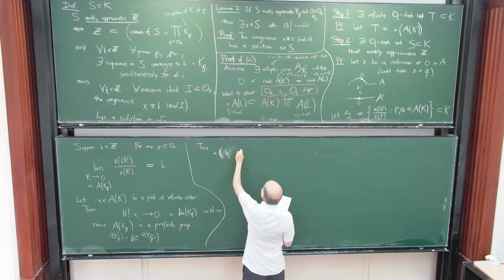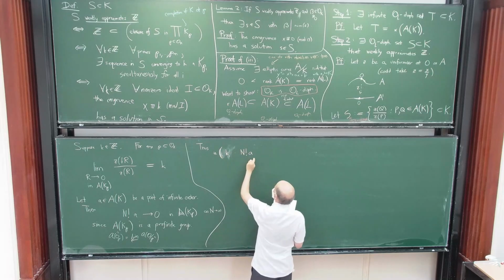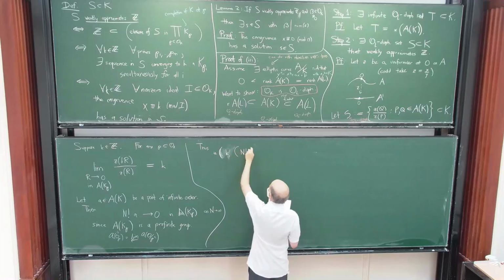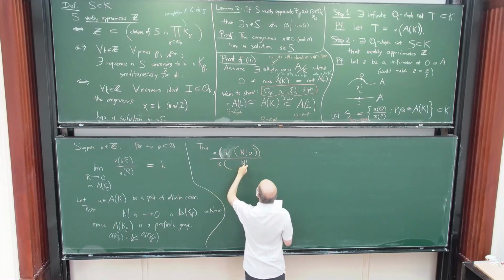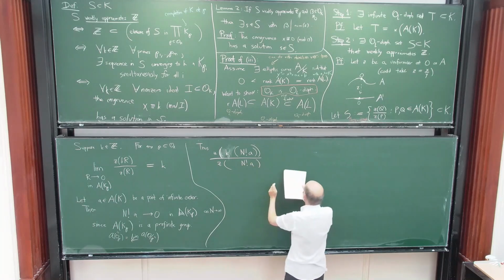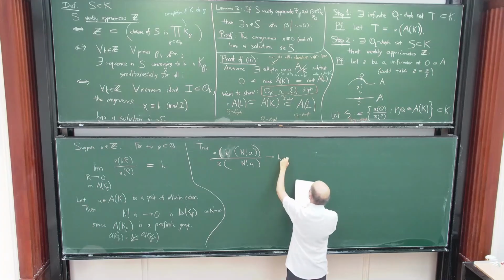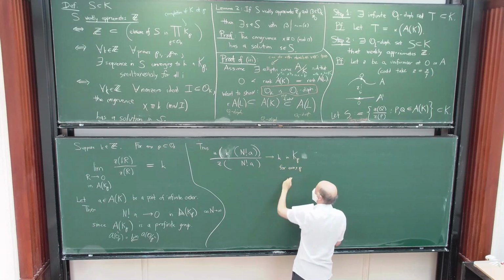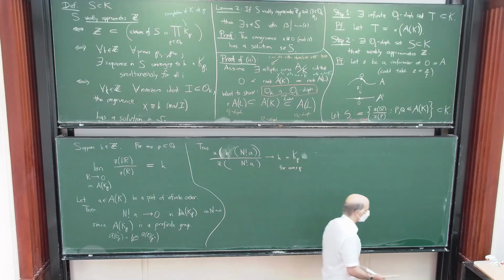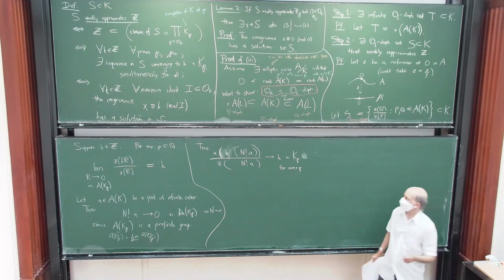I want to leave some space between the k and the n factorial, because it's not supposed to be part of the factorial. Anyway, this ratio will converge to k in kp for every prime ideal p.